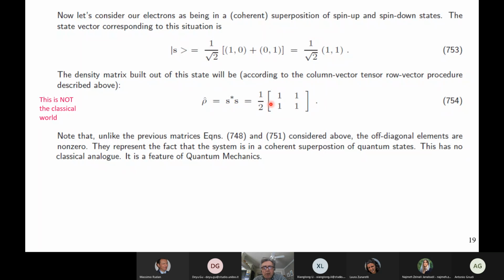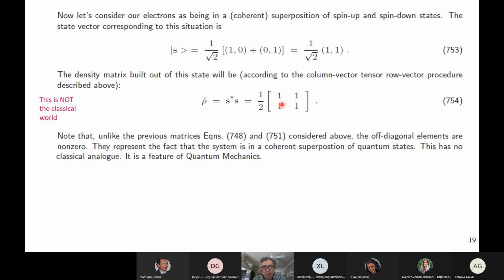If I had put a minus sign here, I would have a minus sign in one of the off-diagonal elements. So these off-diagonal terms describe the amplitude of the system being in a particular state. The probability will be the square of that. So it's something which goes beyond statistical mechanics.